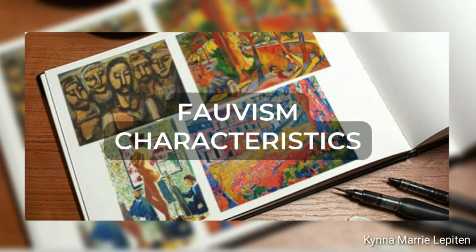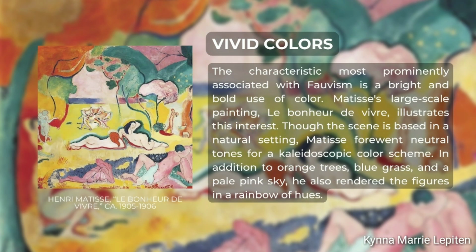Thank you, Mr. Yalamedo. So now, let's move on to the characteristics of Fauvism. The first one is vivid colors. The characteristic most prominently associated with Fauvism is a bright and bold use of color. Matisse's large-scale painting, Le Bonheur de Vivre, illustrates this interest.